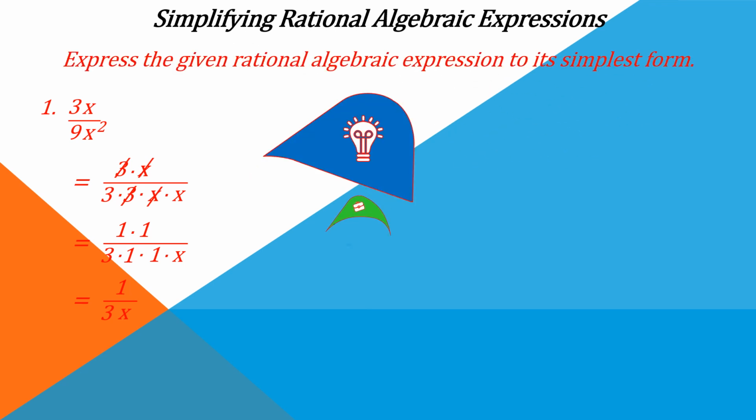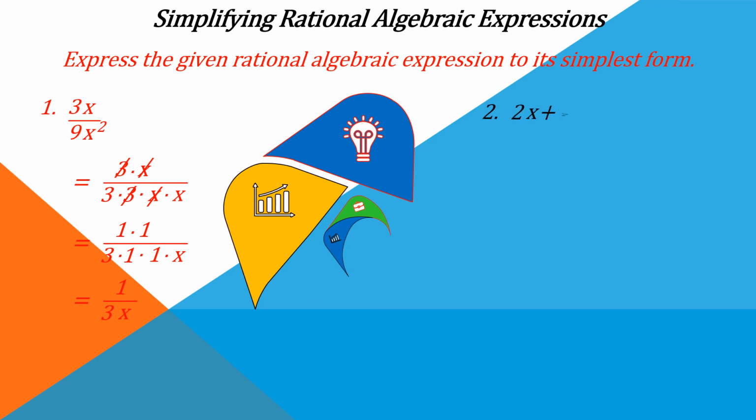Let us go to example number 2. 2x plus 4 divided by 4x squared minus 16. In this example, it is composed of binomials, which are 2x plus 4 and 4x squared minus 16.